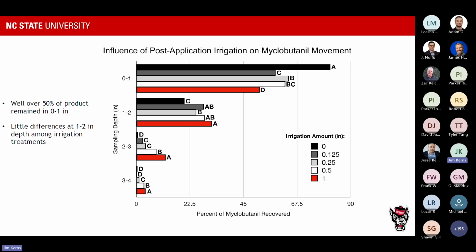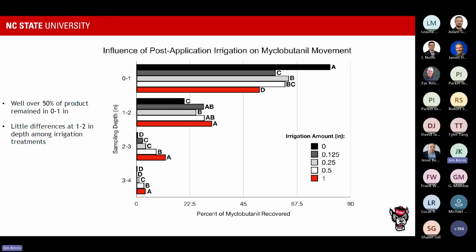We added radio-labeled myclobutanil to the surface of that soil, no plants, and then imposed either no irrigation, 1/8, quarter, half, or 1 inch. It still blows my mind that 50% of what was applied remained in the top 1 inch of soil.